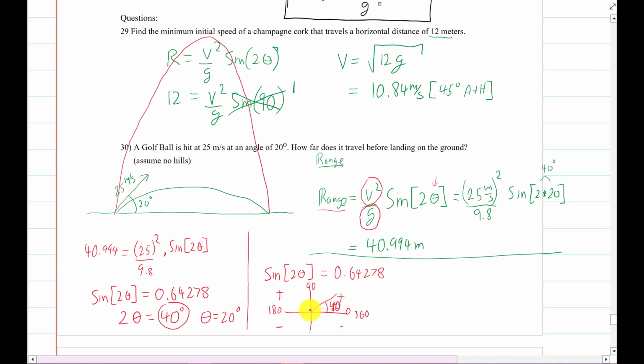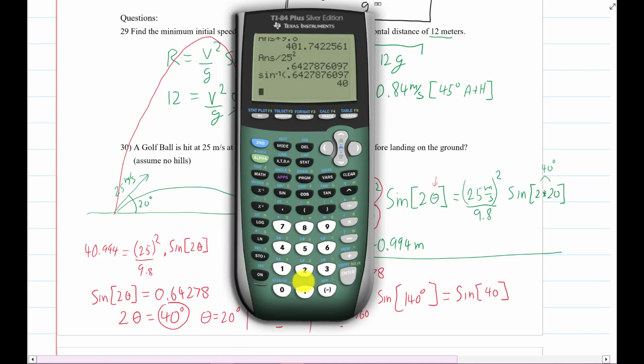So there's another angle over here that has a reference of 40, and that is going to be 140 degrees. So the sine of 140 is equal to the sine of 40. Let's just verify that. You should know this from our trig, but the sine of 40 was 0.64278.